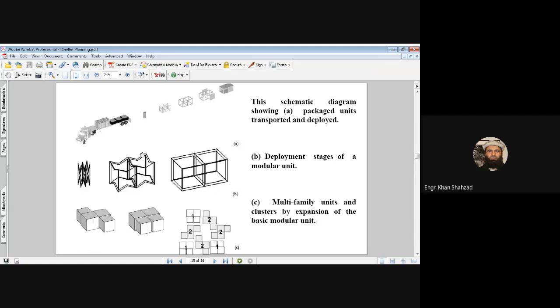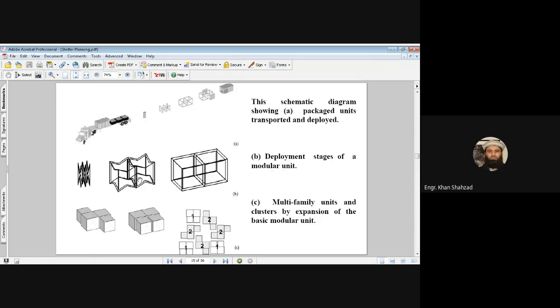You can see over here the schematic diagram showing package units transported and deployed. We have started the transportation of all these things. In B you can see deployment stages of a modular unit.